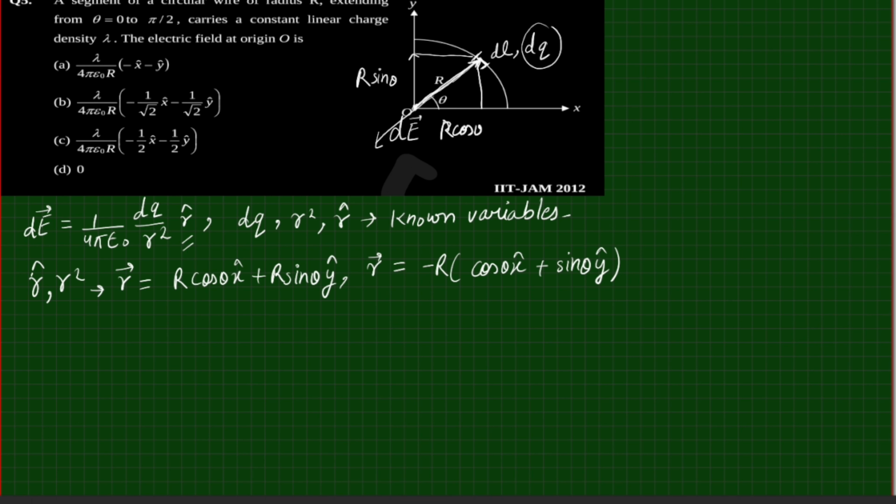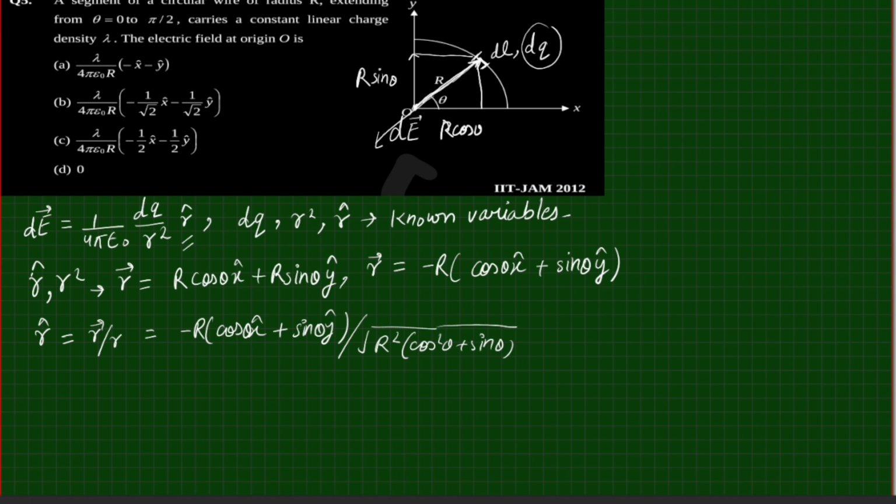Okay, and now we can easily calculate r cap. r cap is r vector divided by r, which is minus r cos theta x cap plus sin theta y cap divided by under root of r square, and square of negative is positive, and cos square theta plus sin square theta.